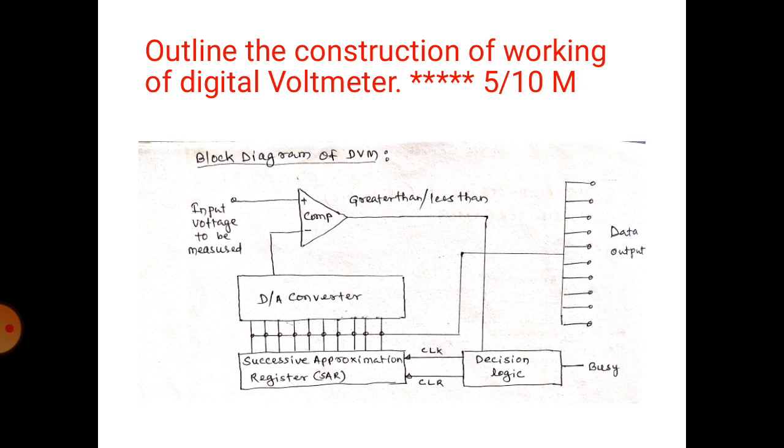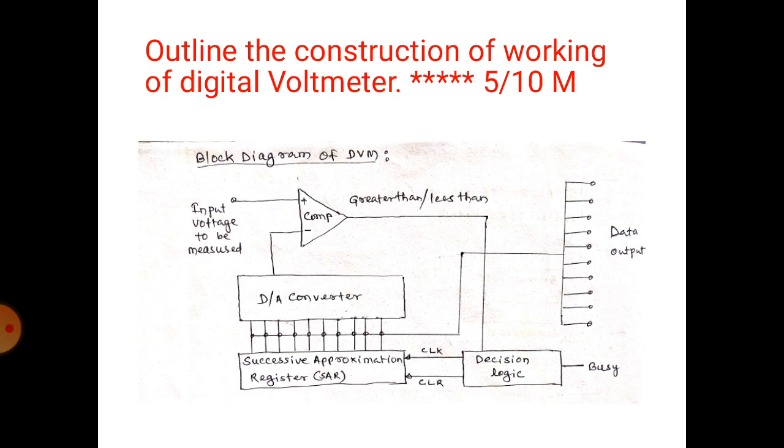So next question is outline the construction and working of digital voltmeter. Again, from the exam point of view, this is very important because this is asked 5 times in the exam. So it may be asked for 5 marks or even for 10 marks.